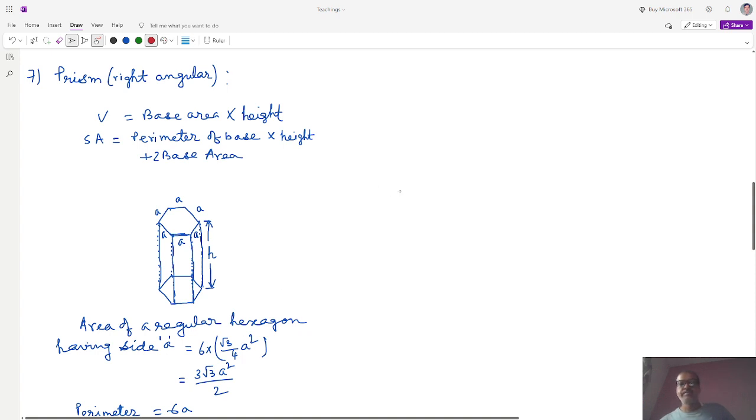If we divide a regular hexagon into triangles, then we will get 6 equal area triangles, and all are equilateral, so the sides of the triangle will be a, and therefore the area of triangle 1 will be root 3 by 4 a square.